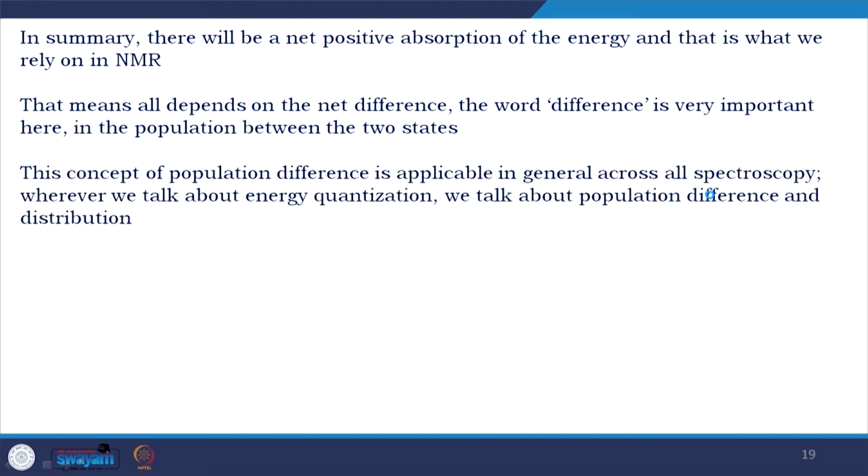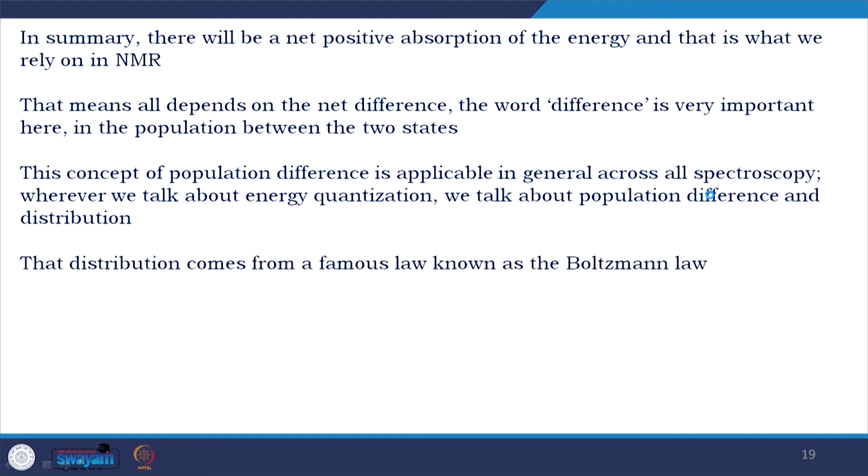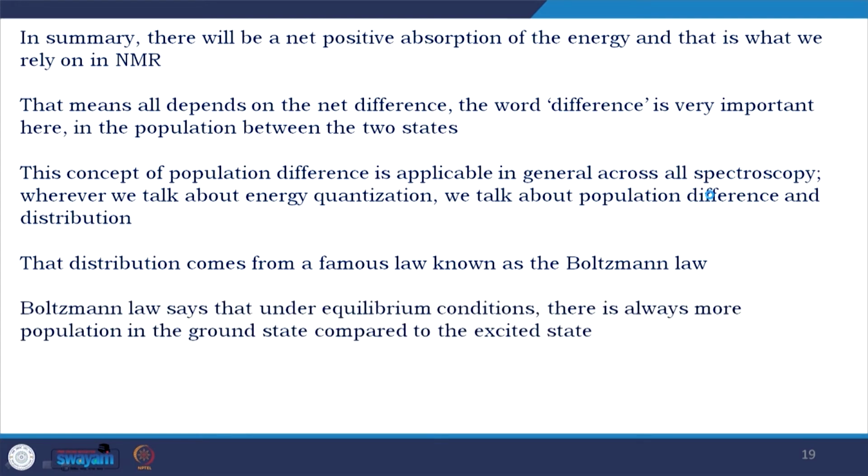The concept of population difference, as I talked about earlier, is applicable in general across all spectroscopy. Wherever we talk about energy quantization, we talk about population difference and distribution, and hence their matching. That distribution comes from a famous law which is known as Boltzmann law. Boltzmann law says that under equilibrium condition there is always more population in the ground state compared to the excited state.